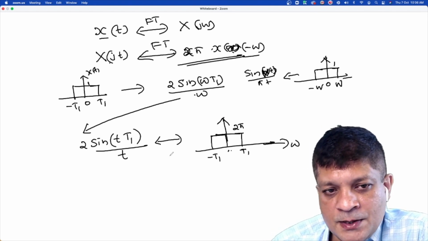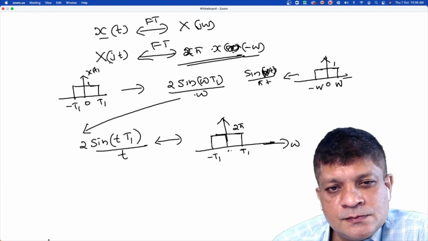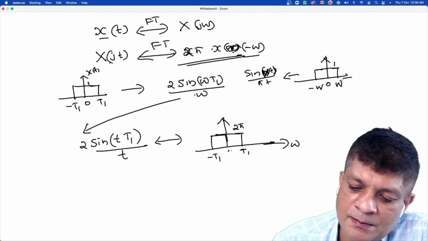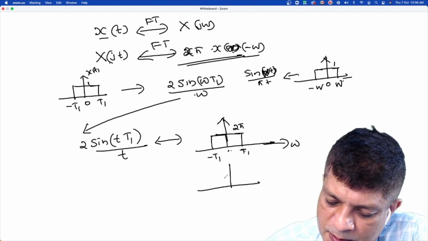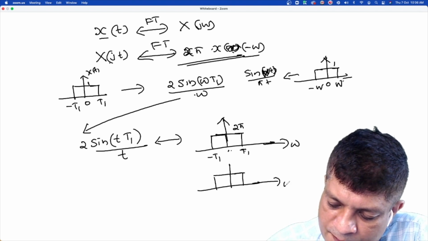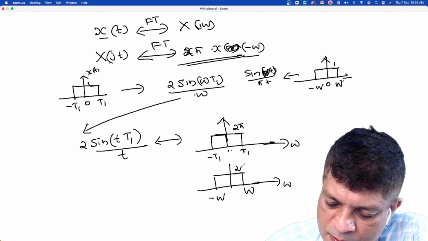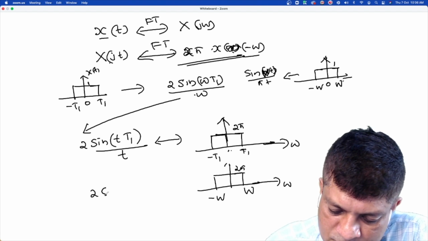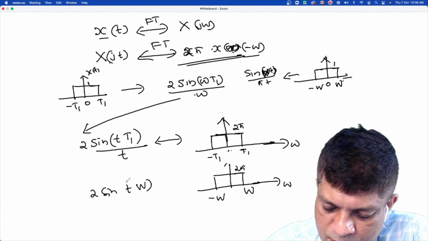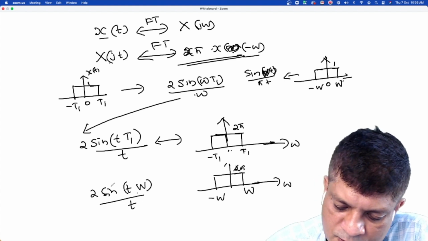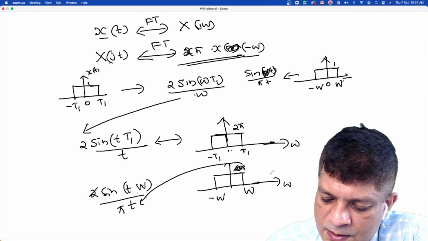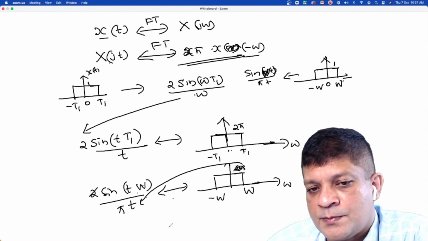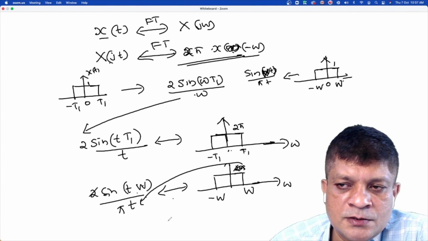Are we getting the same here? Yes, sir. We are getting the same because T1 is a constant, W is a constant. If you replace this with W, what we get is W times 2 pi. This one will be 2 sine(Wt) by t, isn't it? So 2 and 2 will get cancelled and this pi can be brought here. So it is sine(Wt) by pi t. That is this form of a Fourier transform pair. We have proved it.